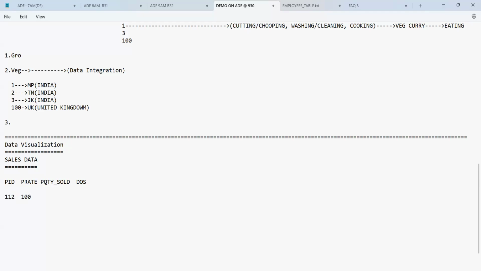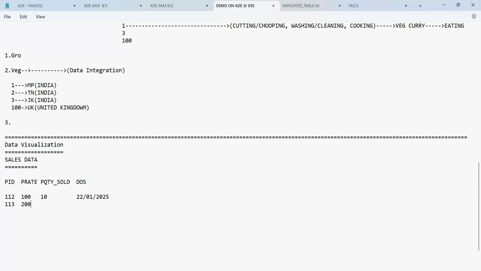Rate is, let us say, 100. Product quantity sold, let us say 10 pieces. And date of sales is today's date, 22nd of January 2025.